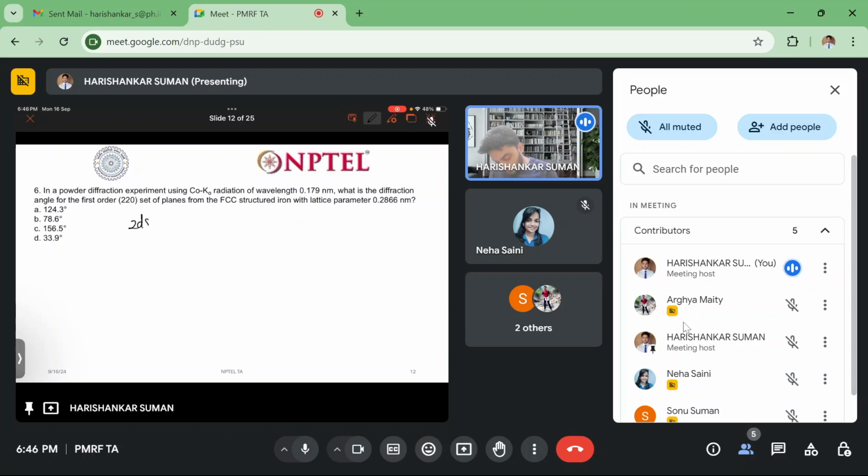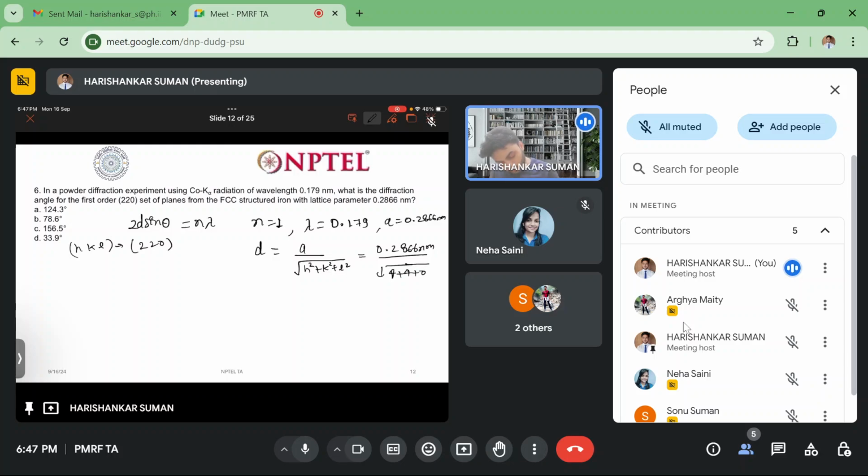We know 2d sin theta equals n lambda, n equals 1, lambda equals 0.179, and we have to find theta. What is d? d equals a over root of h squared plus k squared plus l squared. A is already given, 2.866 nanometer. HKL is also given, 220, so the sum is 8.